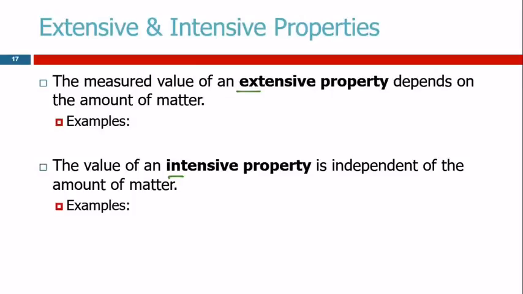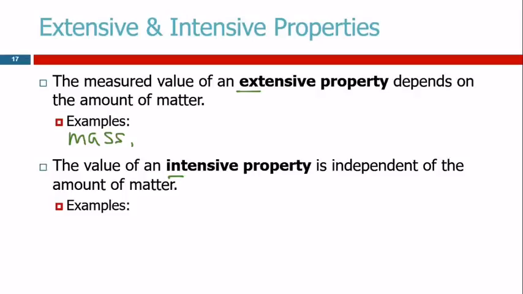Well, here's a full sheet and here's a quarter sheet. Do they have the same mass? Does this little piece have the same mass as the big piece? No. The mass is different because I have more paper in the larger piece and less paper in the smaller piece. Mass is an extensive property.